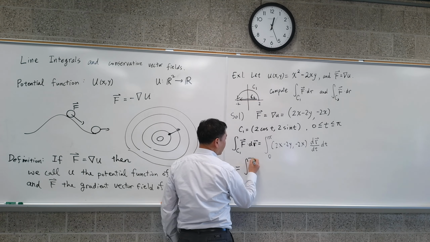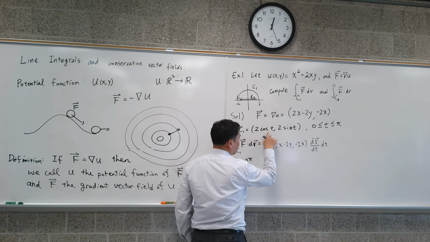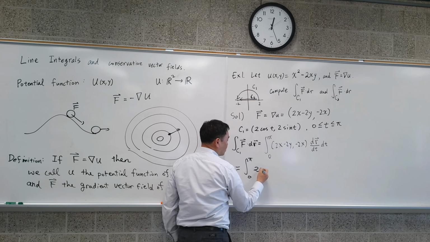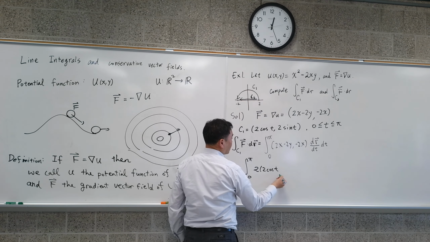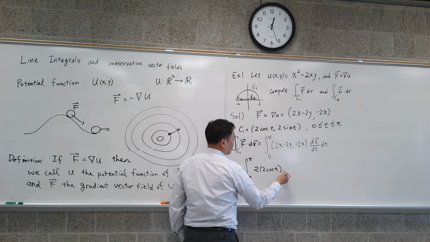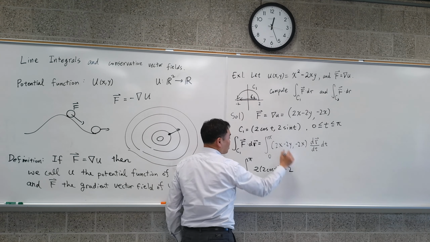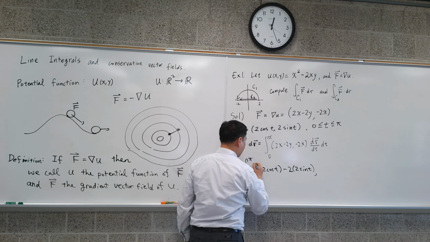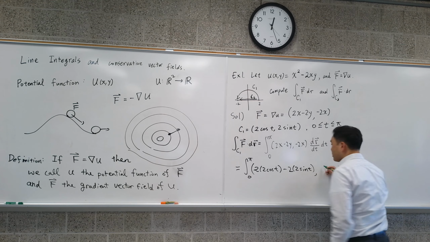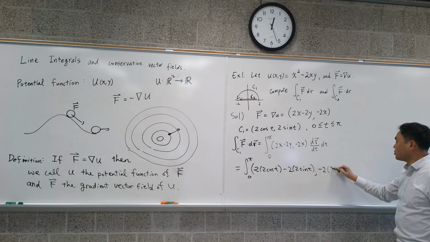From 0 to pi. x is 2 cosine t, right? So it's 2 times 2 cosine t, and then minus 2 times y, which is 2 sine t. And over here, negative 2 times 2 cosine t.